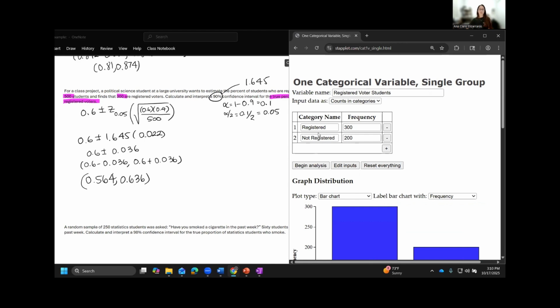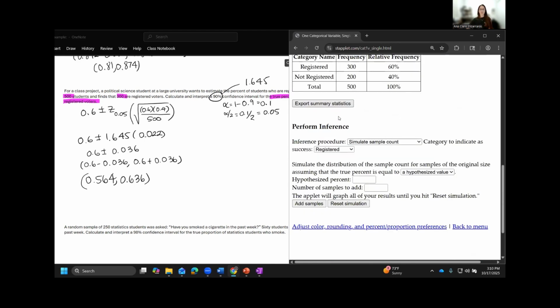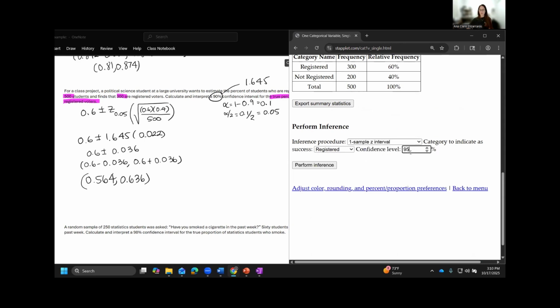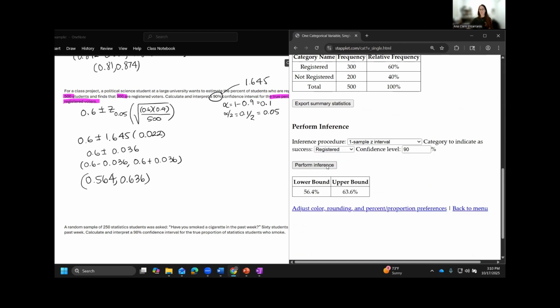But then again, I scroll down to the bottom, and I'm going to perform inference where I calculate an interval. But this is a 90% interval. And it asks me, what's your success? Well, my success is registered. So my lower bound was exactly what we have on the left, 0.564 as a percent, 56.4.